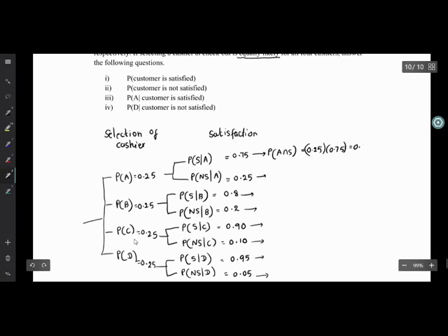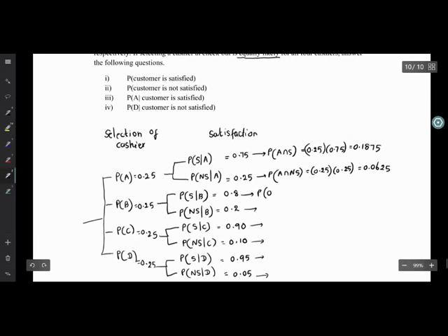That will give you 0.1875. Then service from A and not satisfied, 0.25 times 0.25, which is 0.0625. So likewise, we will fill the rest.